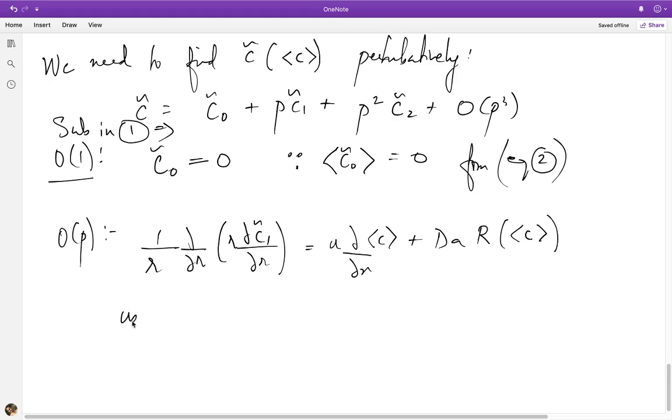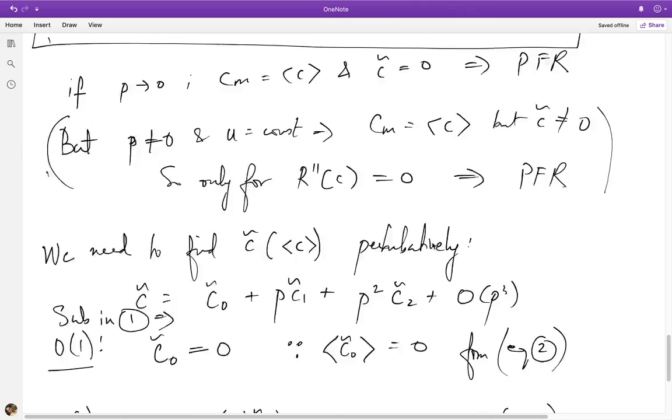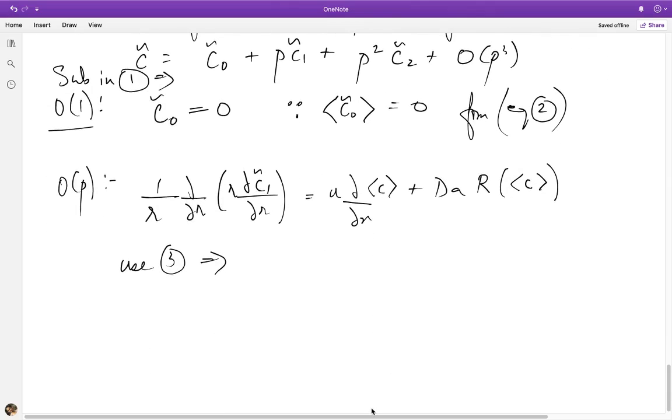Okay, now I can use equation 3 here, because I know that d by dx of the cross-section average is a constant, independent of the radial direction, but I would like to write it in terms of the reaction rate.